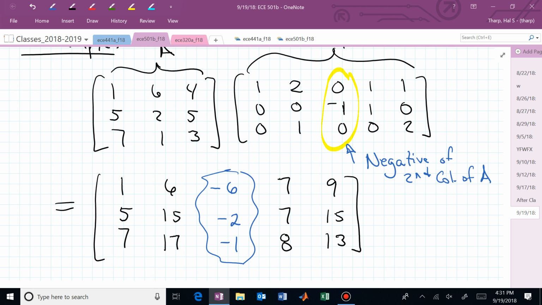If my A matrix had more zeros in it, then I might use it to combine the rows of B. Because A, the first row, is really saying take 1 times the top row plus 6 times the second row plus 4 times the third row, and that's going to give me my first row of the product.